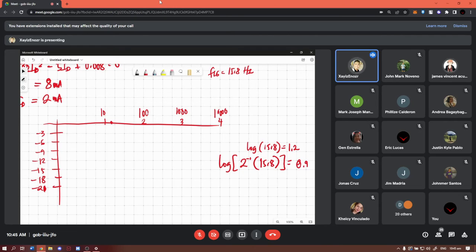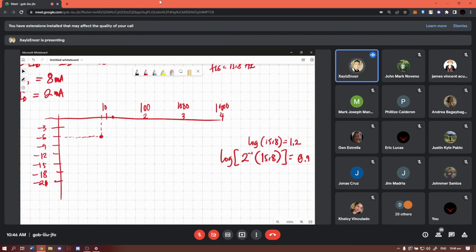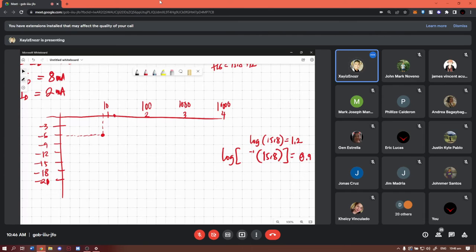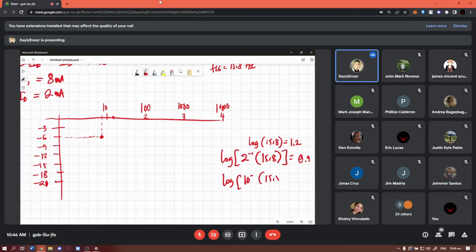At which point? The negative 6 dB point. So if it is 0.9, it is here. Assuming it is here, 0.9. So next, the logarithm of the first decade backwards of 15.8. How much? Then we plot it at the negative 20 dB point.